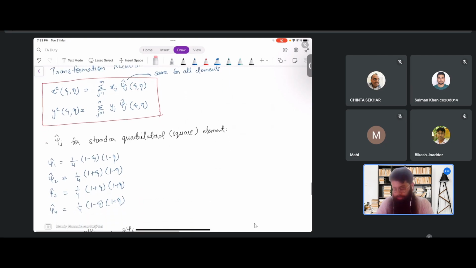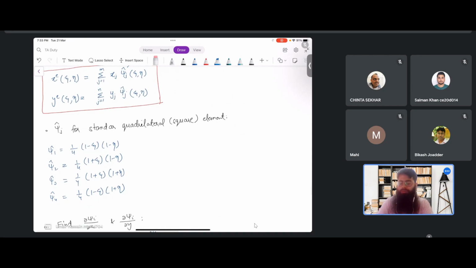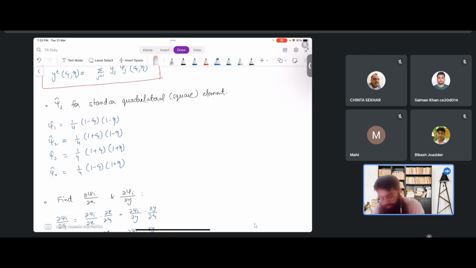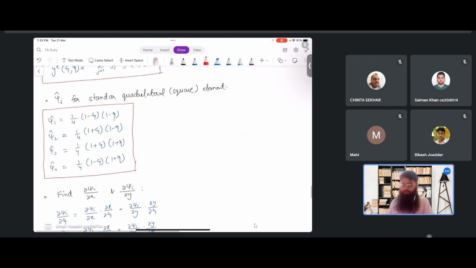In this course we are only focusing on the standard quadrilateral element, and these are its shape functions. Now we know the shape functions and the mapping function. One thing that is crucial in solving for the stiffness matrix is that we need to know the value of the derivative of the shape functions.